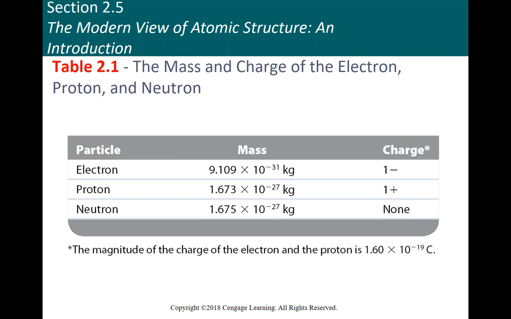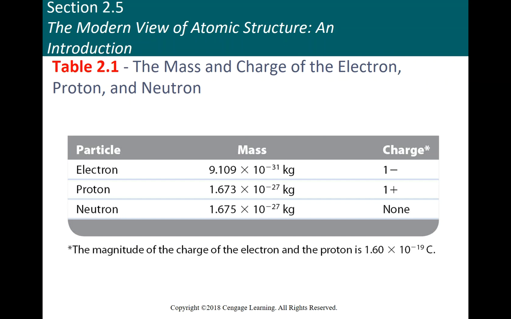We talked about the mass of an electron, and the actual mass is given here, along with the mass of the proton and neutron. Notice the proton and neutron are very similar in mass. The electron is much, much smaller, and generally speaking, that's why when we calculate the mass of an atom, we consider the proton to be 1, the neutron to be 1, and the electron to be negligible.